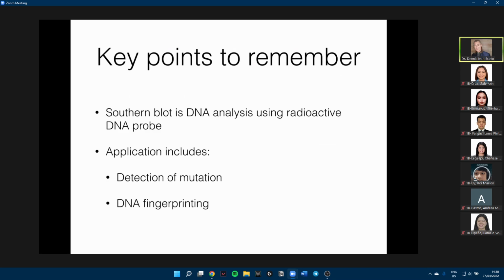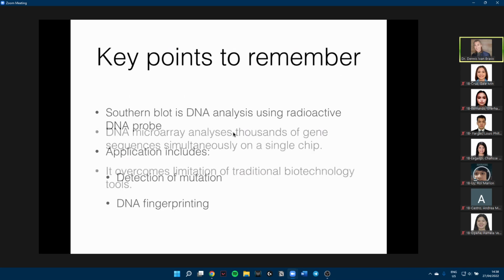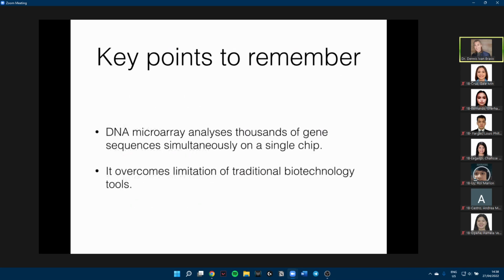This includes detection of mutation and DNA fingerprinting. Now, if you wish to analyze 1,000 genes simultaneously, what you need to employ is DNA microarray. So this overcomes the limitation of traditional biotechnology tools.